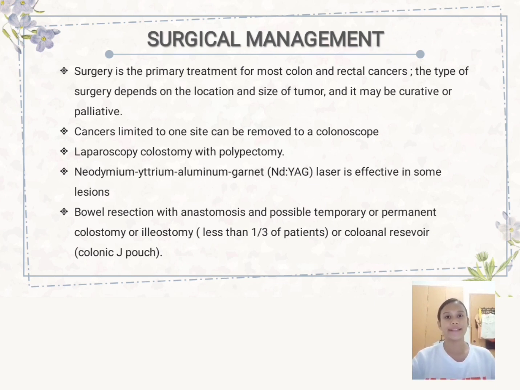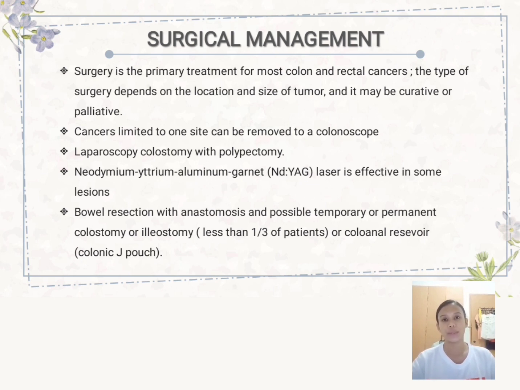Surgery, again, it is emphasized that surgery is the primary treatment for most colon and rectal cancers. The type of surgery depends on the location and size of the tumor, and it may be curative or palliative. Cancers limited to one side can be removed through a colonoscope.